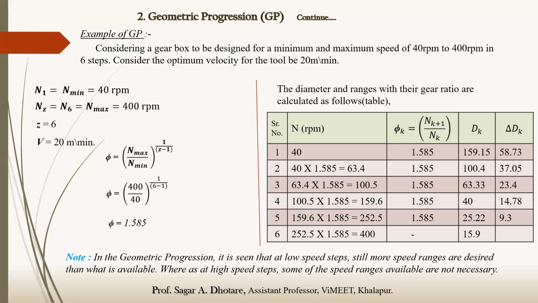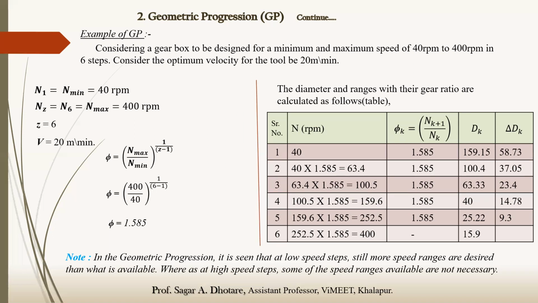So 40 multiplied by 1.585 would be the speed of your second stage, and that is 63.4. Similarly, in each stage you can multiply with 1.585 to get another speed. In this way, you can maintain a constant speed gear ratio.